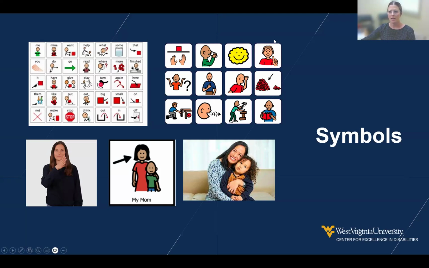And then the top right, these are Boardmaker symbols. Again, very similar. They're like line drawings or cartoonish, but they represent some symbols. On the top left, you'll see that the symbols have a line drawing as well as the word, and that's by choice. So you can have those that way, or you can leave them as you see them on the right with no word at the top. And so again, very similar, just a little different.